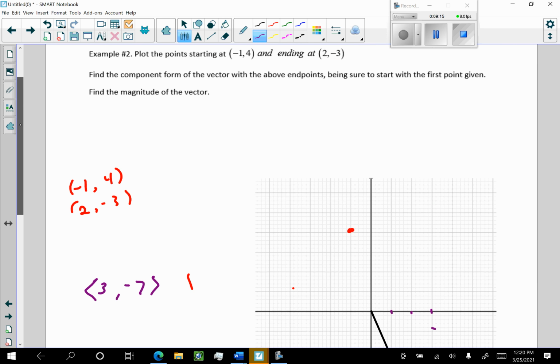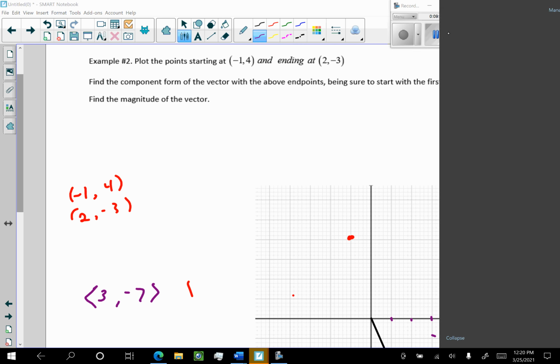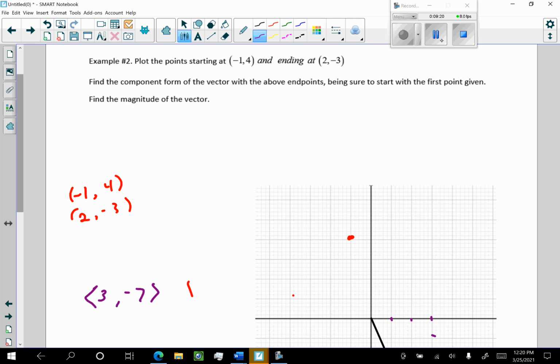Another way you can find the component form is to just take the x coordinates and subtract them: 2 minus -1 is 3, and -3 minus 4 is -7.